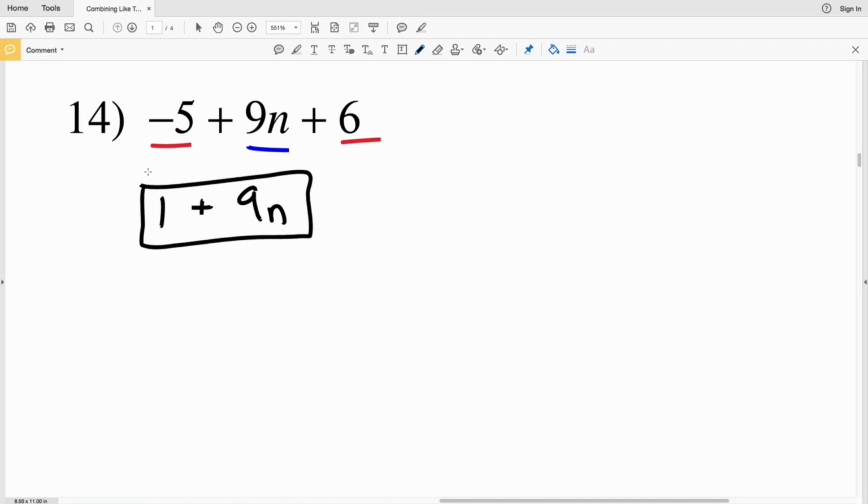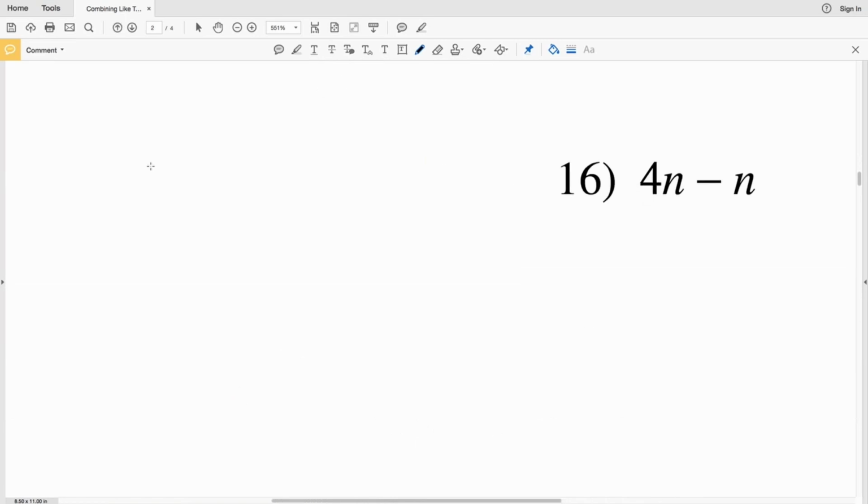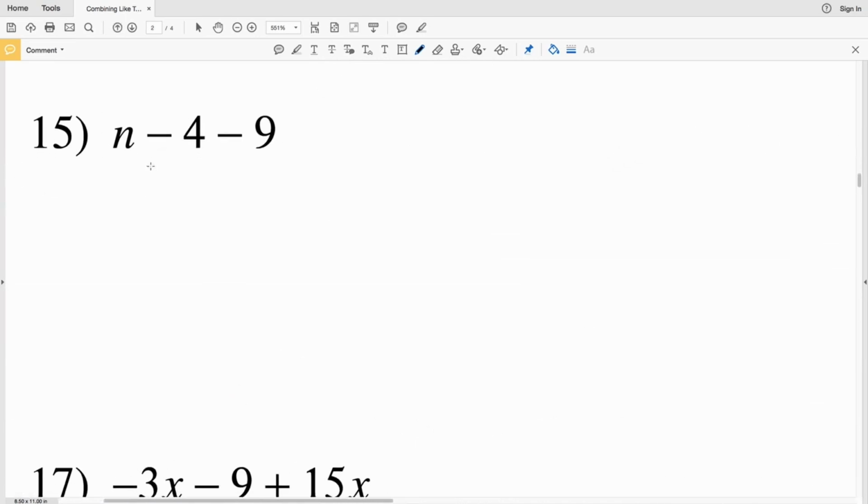Moving on to the next page, page number 2, we're going to do 15 through 20 now. Number 15 is n minus 4 minus 9. So we have this n value, we're taking away 4, and then we're taking away 9. N is going to stay by itself since there's no other term with n, but we're combining this 4 and 9.